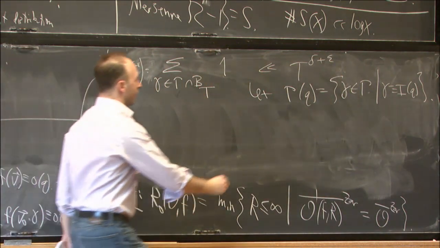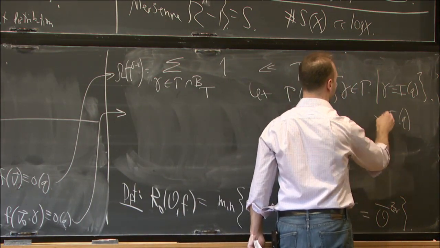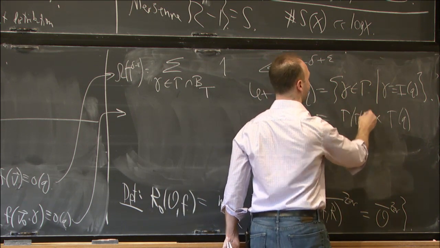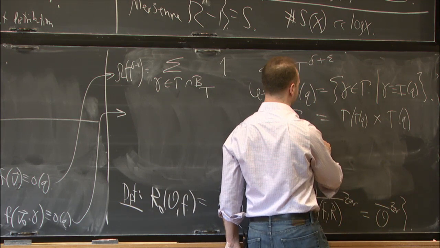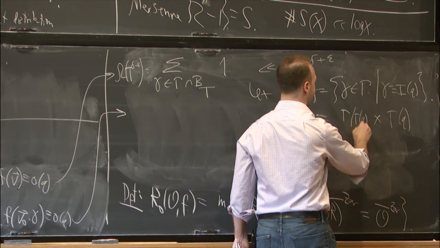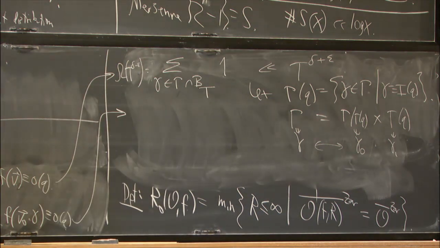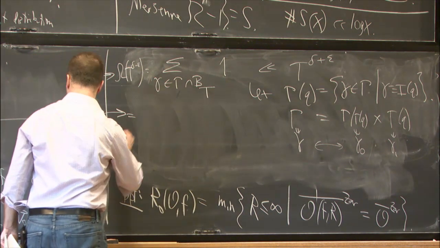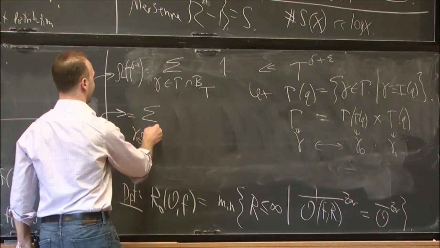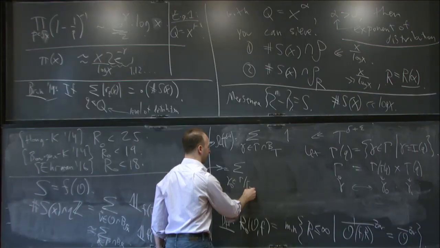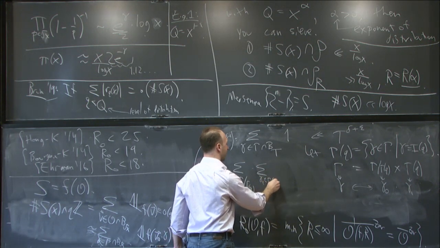Okay? And then you can write gamma as gamma q times the cosets of gamma q. So an element here I'll write as the product of, let's say, gamma 0 times gamma 1. I'll factor it like this. And so what do we get here? It's a sum over these cosets, gamma 0 in the cosets of gamma q, and then a sum over gamma 1 in gamma q.